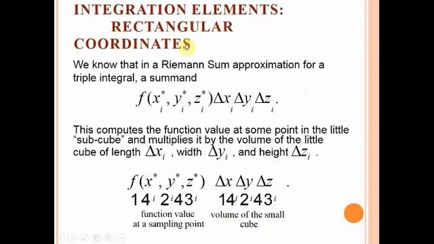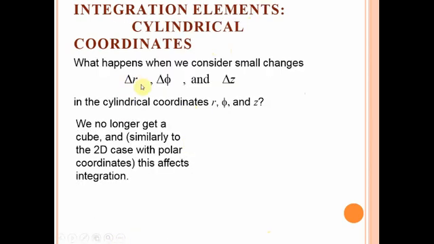Now, integration elements. In rectangular coordinates, where a function is there, there are delta x, delta y, delta z parts with small increments in every direction. We can easily find these delta r, delta phi and delta z also in cylindrical.